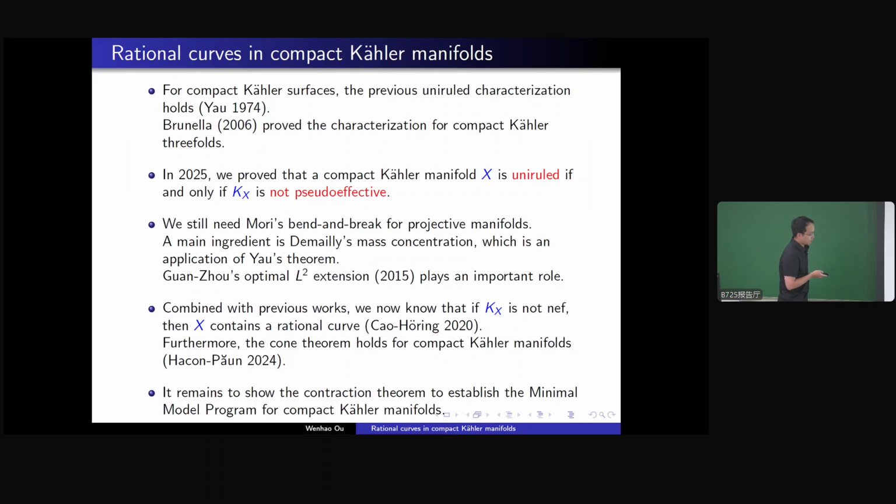This is due to Höring and Peternell in 2024. So previously they assumed this theorem to prove their result. Now this theorem is proved, so every result here is valid. Now for minimal model programs, in order to catch up with projective manifolds, it remains to show the contraction theorem.